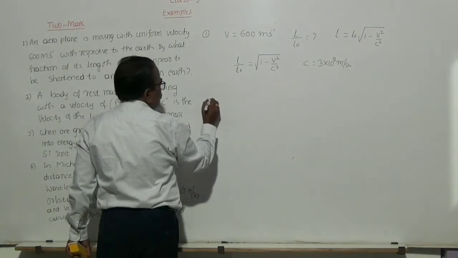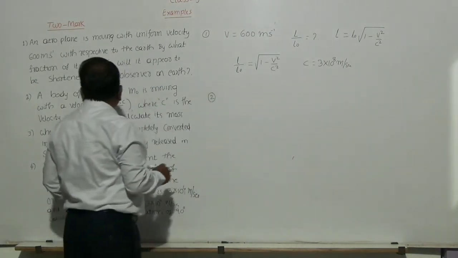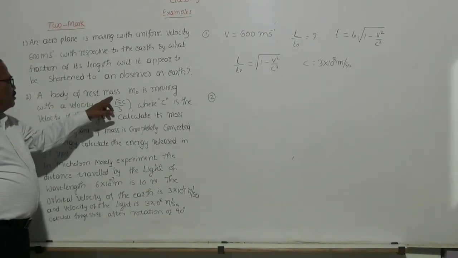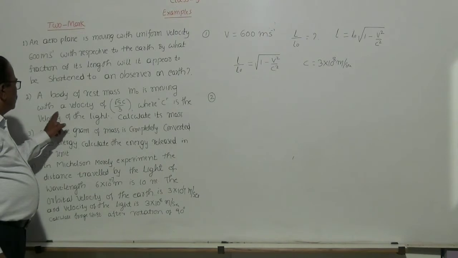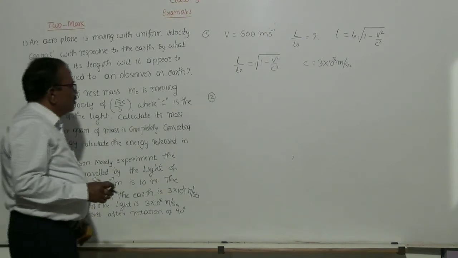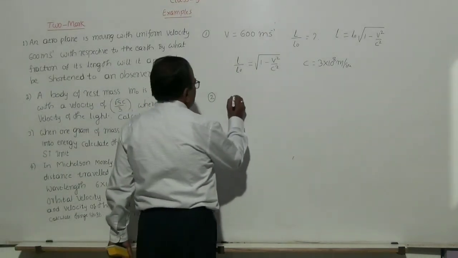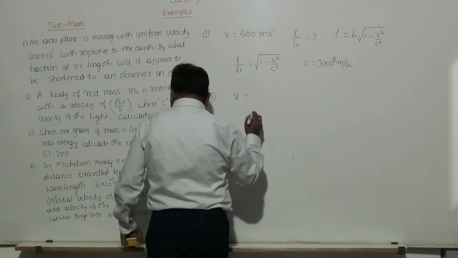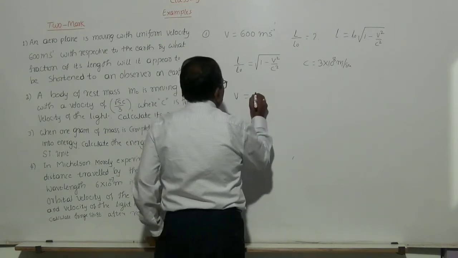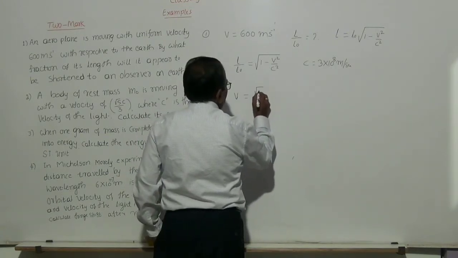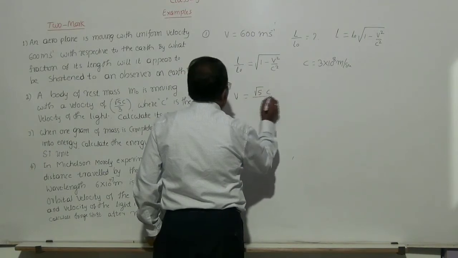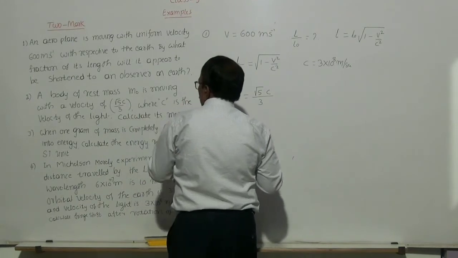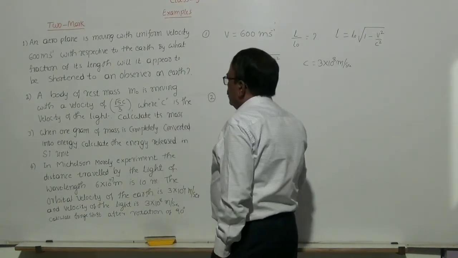Now let us go to this second example. A body at rest mass m0 is moving with a velocity of, that means v is given, velocity of root 5c divided by 3, where c is the velocity of the light.